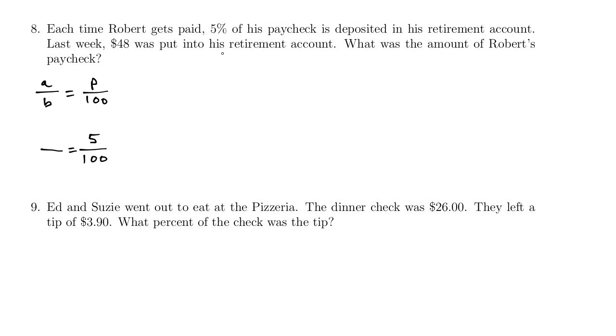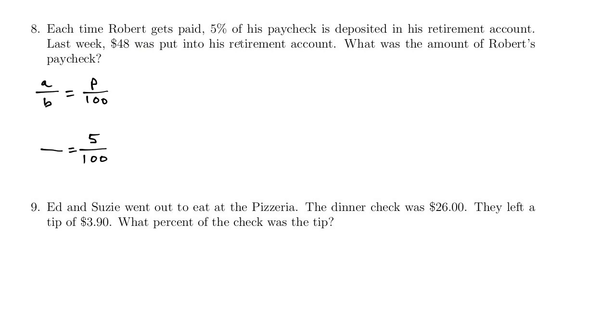Next, ask yourself, what are we taking the percentage of? Well, it says 5% of his paycheck. So the base is going to be his paycheck. And is that anywhere in the problem? It's not listed anywhere here. $48, it says that's the amount that's put into his retirement account, but that's not his paycheck.